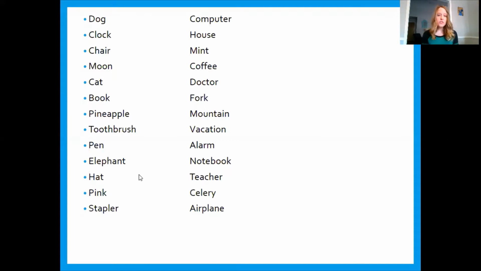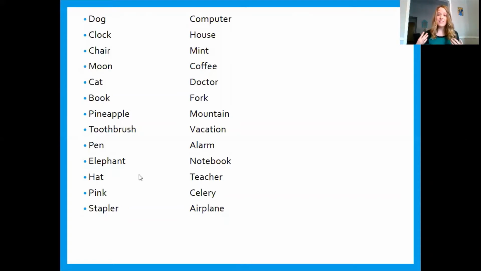So usually most people start out at the top and then add one word with each repetition. So they would say dog, clock, chair. Dog, clock, chair, moon. Dog, clock, chair, moon, cat. Dog, clock, chair, moon, cat, book. Right?